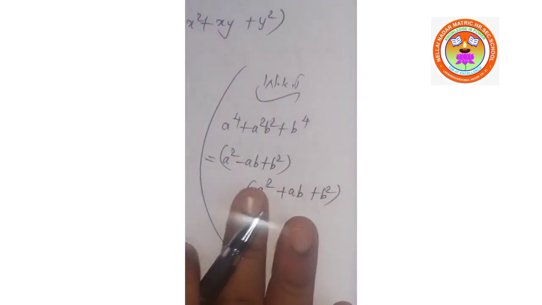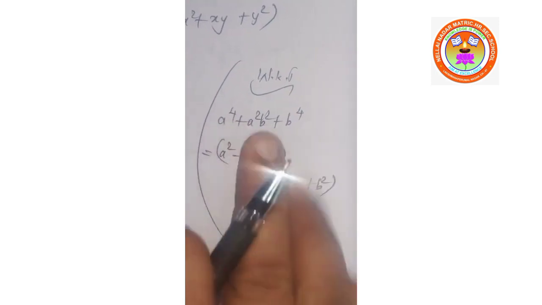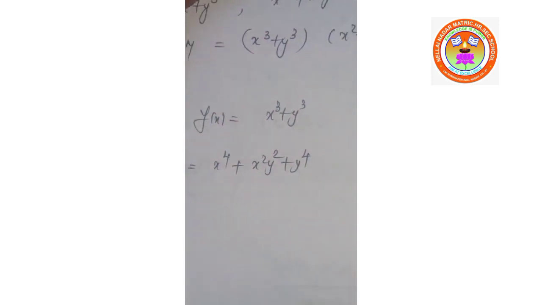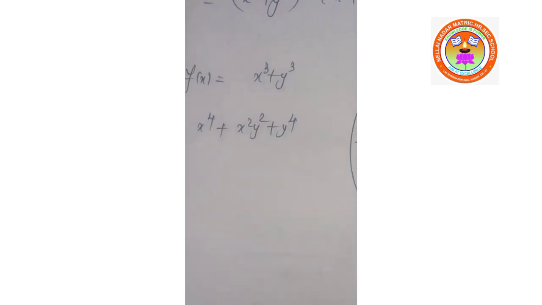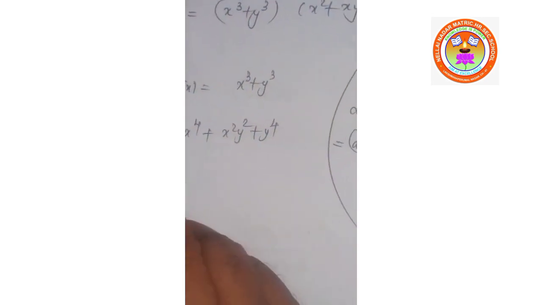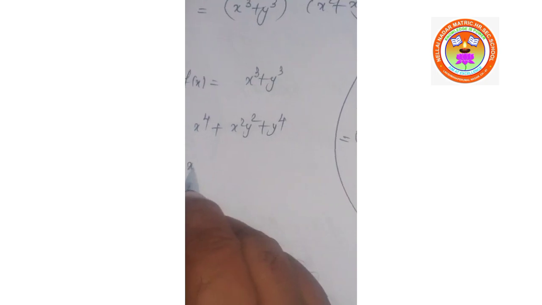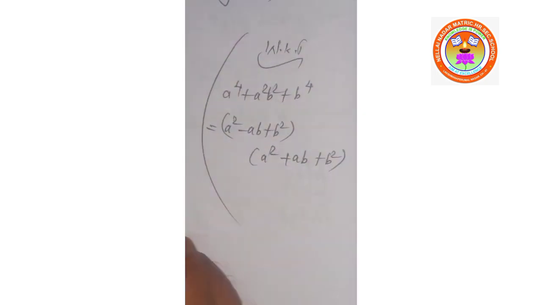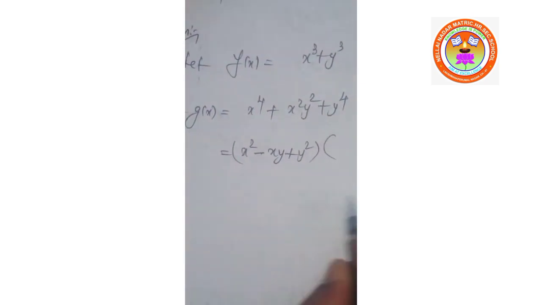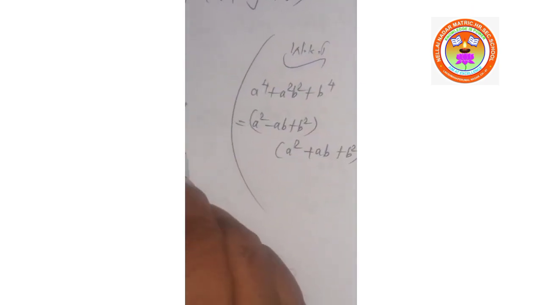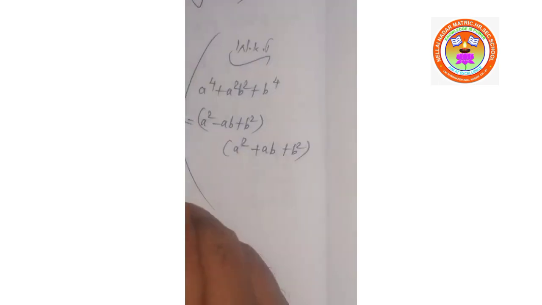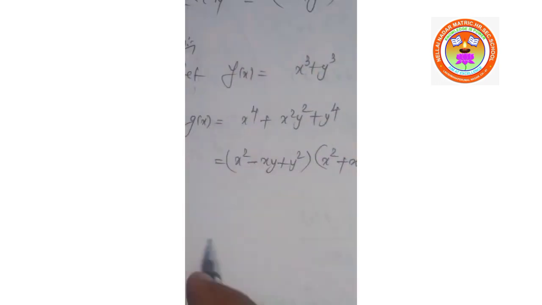This one I have already given. Instead of a and b, you have x and y. You just replace a and b by x and y respectively. That is equal to x squared minus xy plus y squared into x squared plus xy plus y squared. Over.